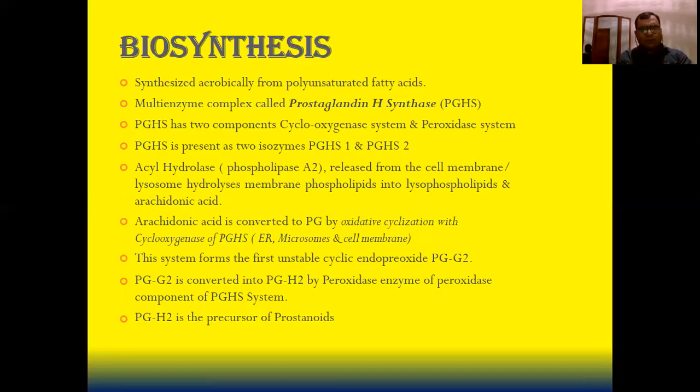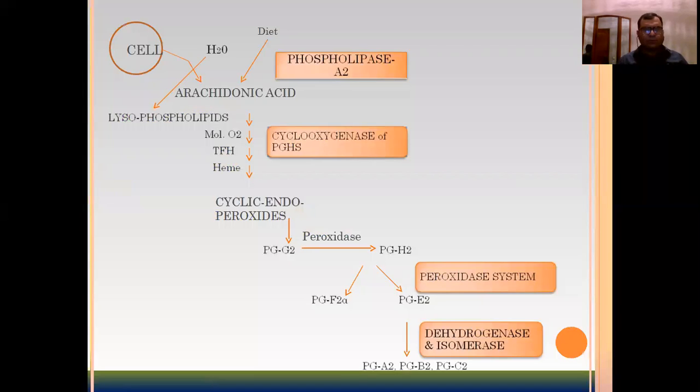This system forms the first unstable cyclic endoperoxide, prostaglandin G2. Prostaglandin G2 is converted into prostaglandin H2 by the peroxidase component of prostaglandin H synthase. Prostaglandin H2 is a precursor of prostanoids. This process we discussed before.